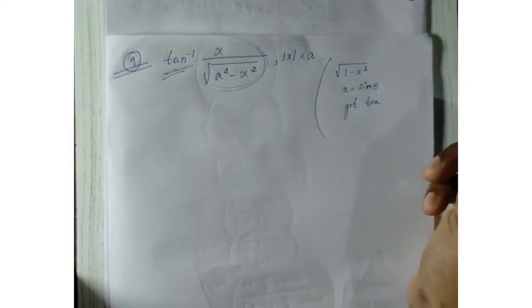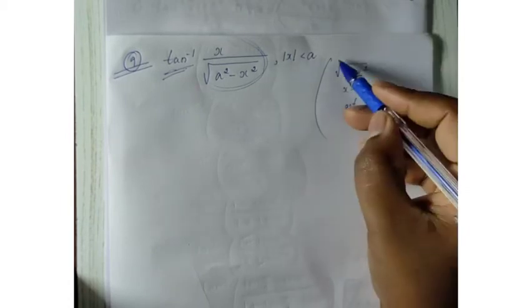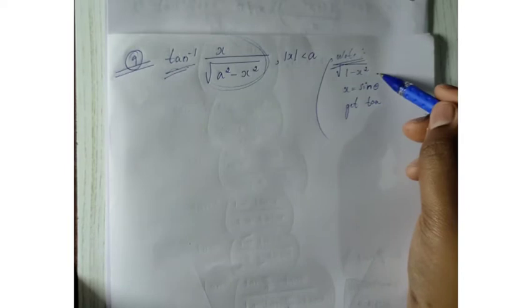Because to get a tan function. Whenever it is important, you can note it down. So whenever there is root 1 minus x square in the denominator, we need to put x as sine theta, so that you end up getting a tan function.